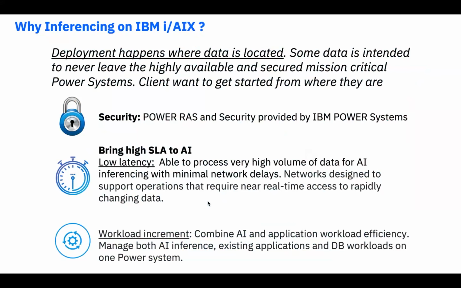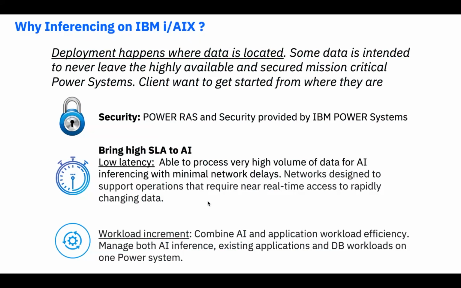This is also one of the key drivers: having the same SLA, I mean service level agreement, that you already have on your business applications running on AIX and IBM i, but bringing this SLA to AI. It's about executing the model with low latency.